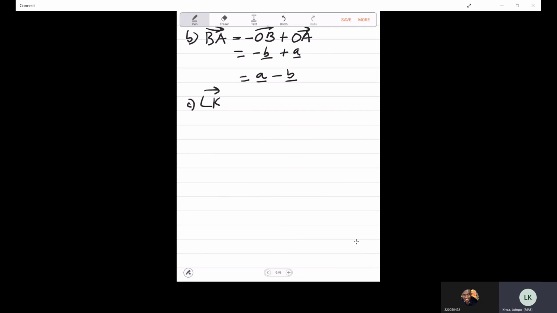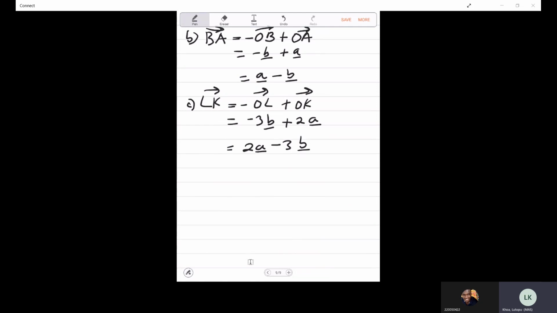So LK is negative OL plus OK, and this is equal to minus 3B plus 2A. Then I just rewrite the positive one first, but the way I've written it above is also correct.